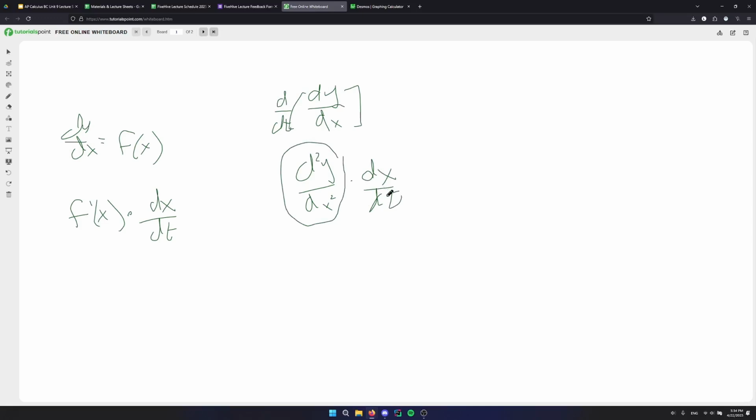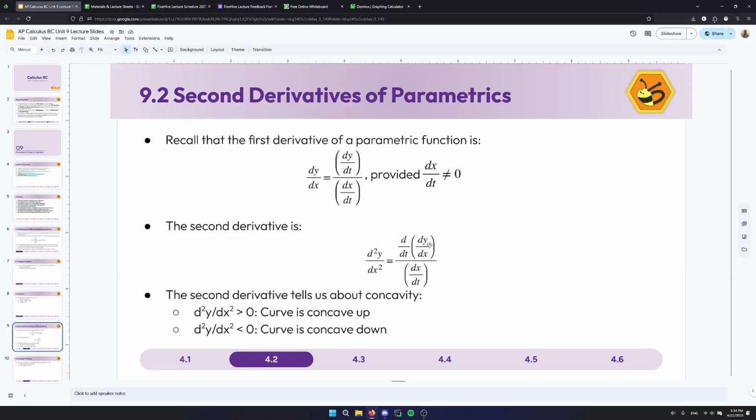We don't want this dx/dt part. So that's the reason why, if we divide by dx/dt, then these two cancel and we're just left with our second derivative. So if we come back to our original formula, that's the reason why we have to divide by dx/dt. It's because x itself is a function, and we're not differentiating in terms of x, it's in terms of t.